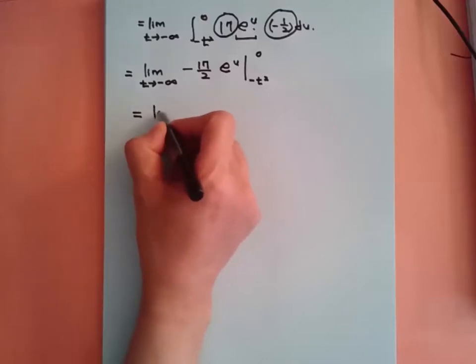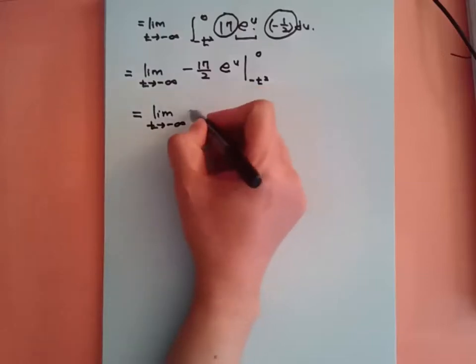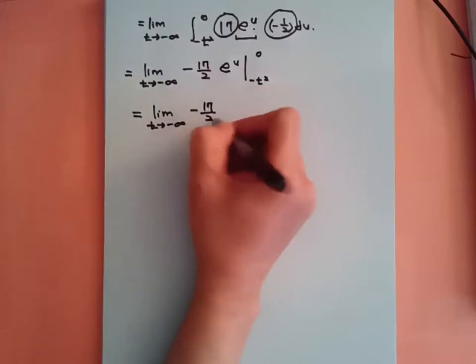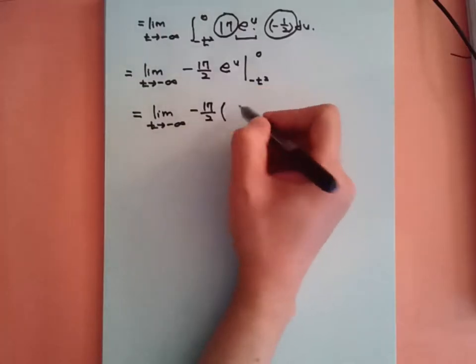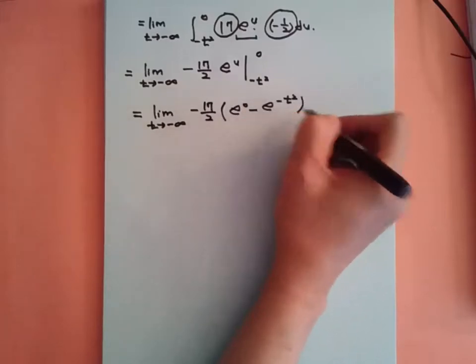So that is the limit as t goes to minus infinity of minus 17 over 2 times e to the 0 minus e to the minus t squared.